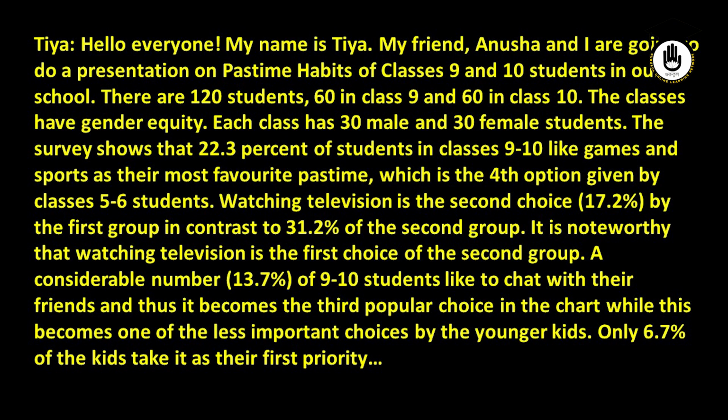The classes have gender equity. Each class has 30 male and 30 female students. The survey shows that 22.3% of students in class 9-10 like games and sports as their most favorite pastime, which is the fourth option given by classes 5-6 students.